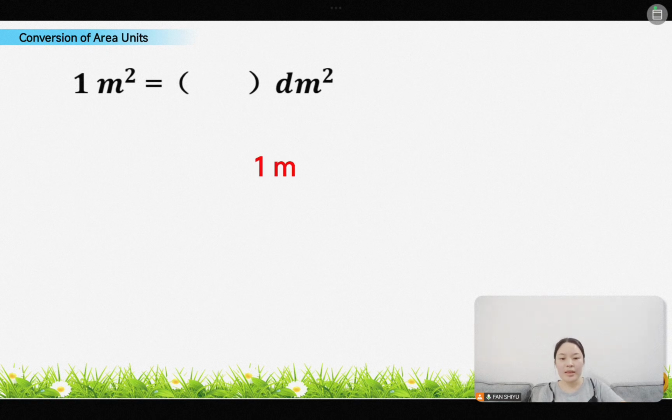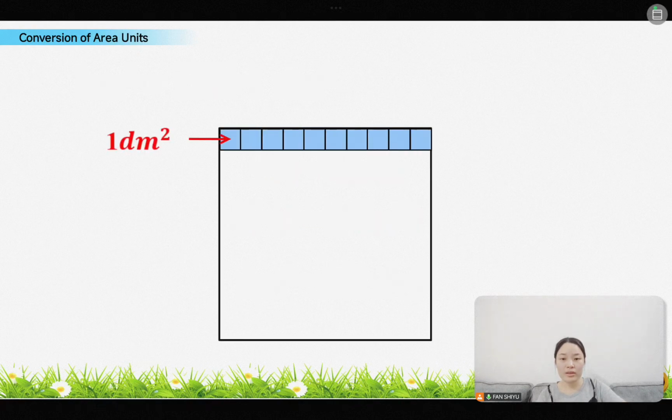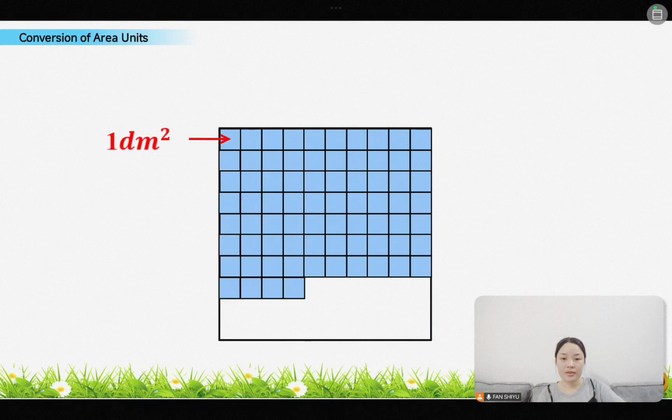So we can place 10 1 square decimeter squares in one row and 10 rows in total. So the total number is 10 multiplied by 10 equals 100. Yeah, we can see this picture.